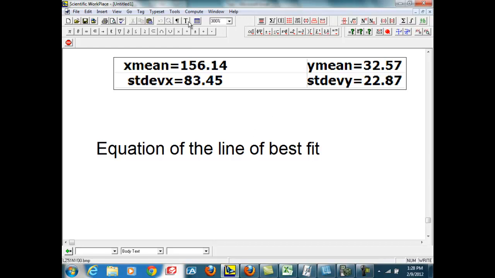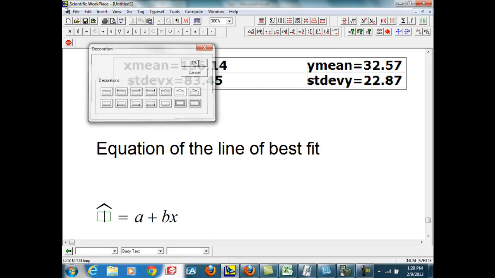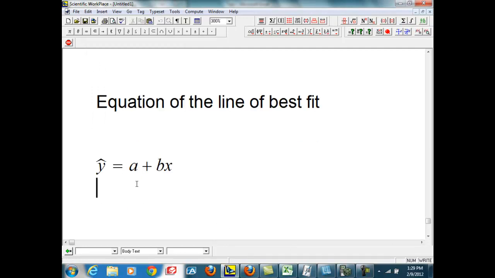So what we have is, by B, I am denoting the slope, which is a little different from the things that you are used to. But anyways, this is the equation of the line of best fit. What is that strange hat over y?